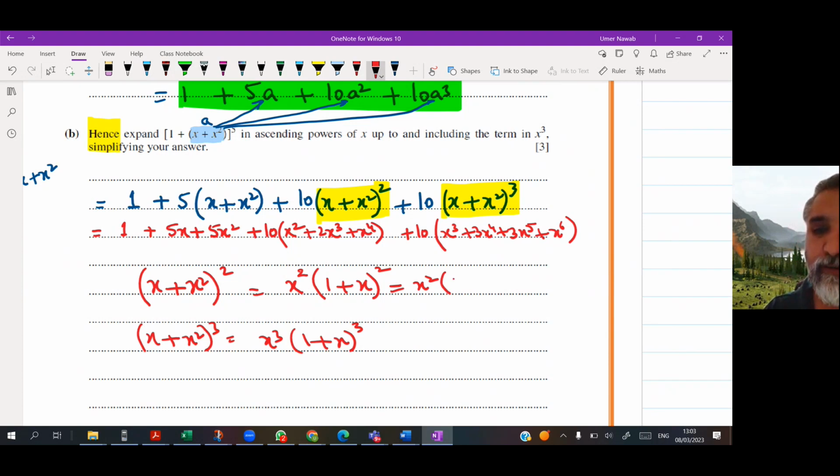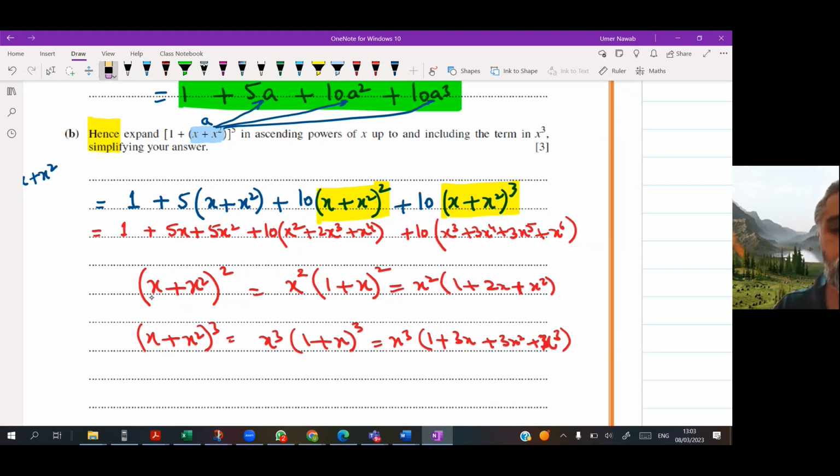This expansion is very easy. 1 plus 2x plus x squared. So you will be getting 1 plus 2x plus x squared. And this expansion will be 1 plus 3x plus 3x squared plus x power 3. And then you can multiply the brackets.